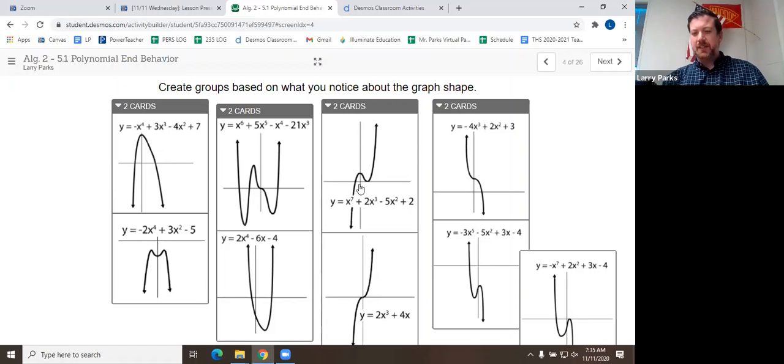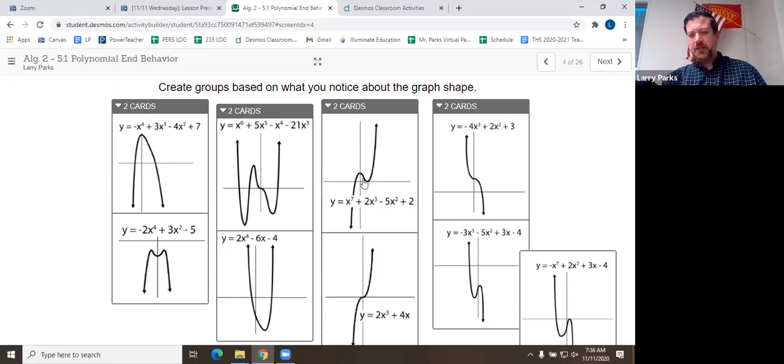Okay. So how do you know? And that's one thing you're going to be responsible for, is what do these look like? And that's called the end behavior. So I would say as x goes to the right, it goes up forever. And as x goes to the left, it goes down forever. So that's what we call, instead of saying forever, we use the word infinity in math.